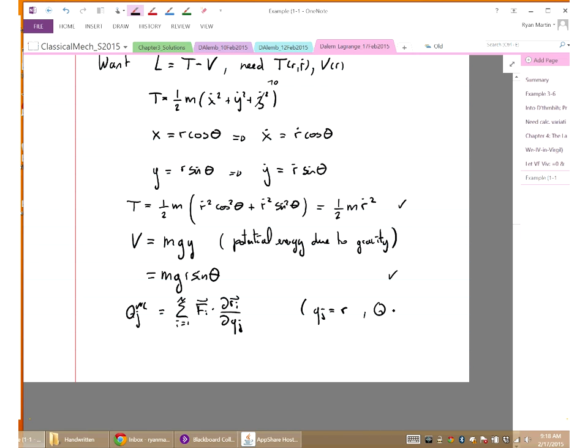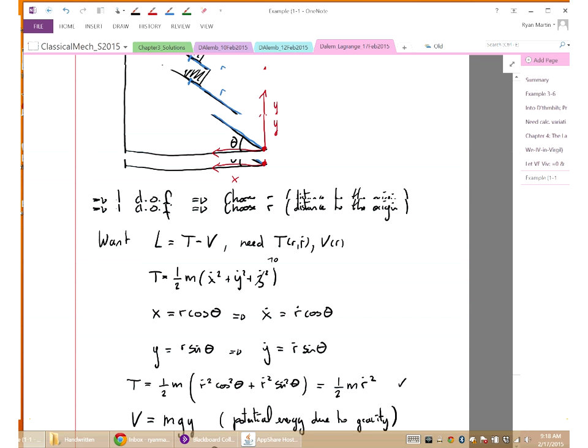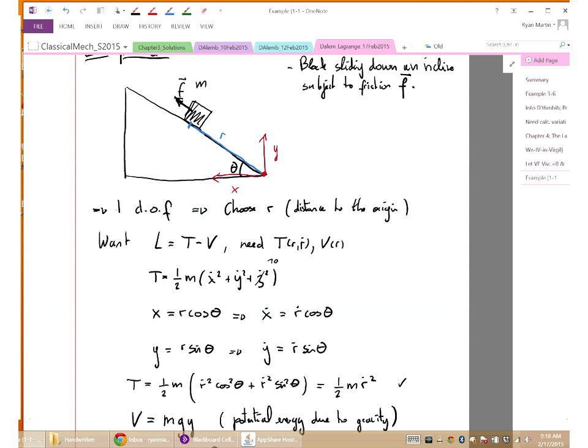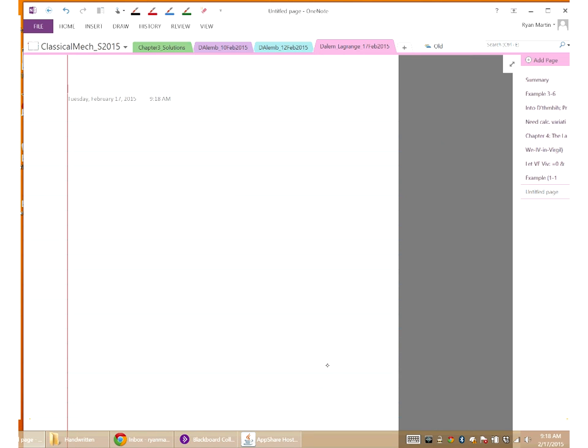So q_j equals r, and capital Q_j equals capital Q_r. N equals 1. There's only one force, and that force, F_i non-conservative, is our friction force. So I'm going to have to write out our friction force F as a vector, and I'm going to have to write out the vector R_i as a vector as well.